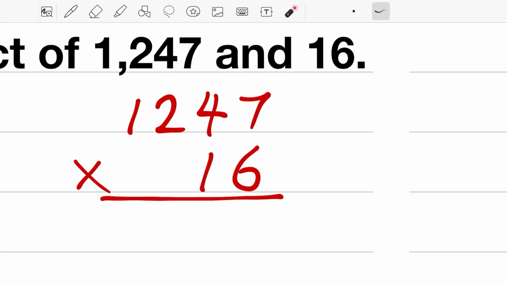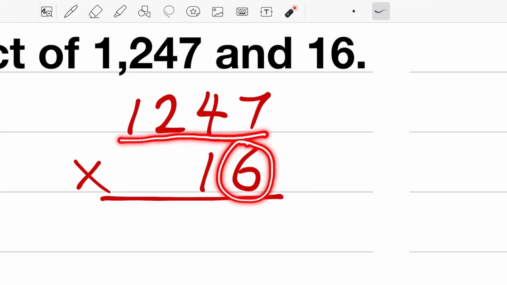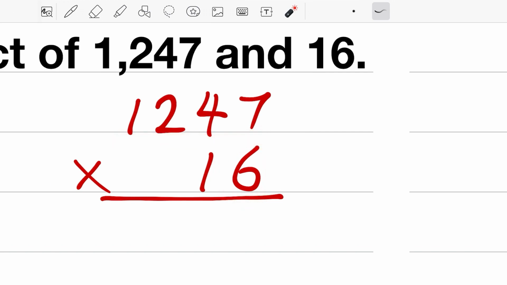So again, we can start with the 1's digit, and we need to multiply this digit by the entire number above. Right? So we're going to start from the right, and we're going to go to the left. So 6 times 7 is 42. So we put a 42 outside. Since it's a tens number, we cross out the 2, we put it inside.